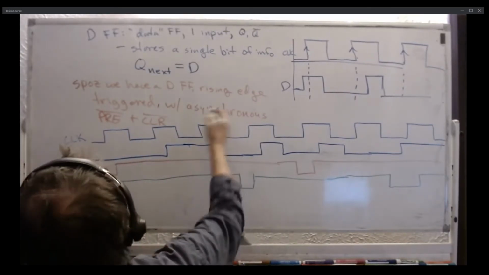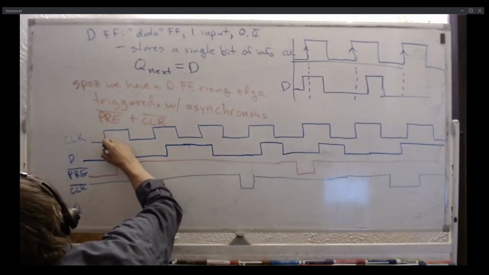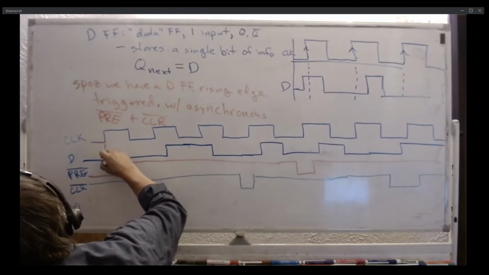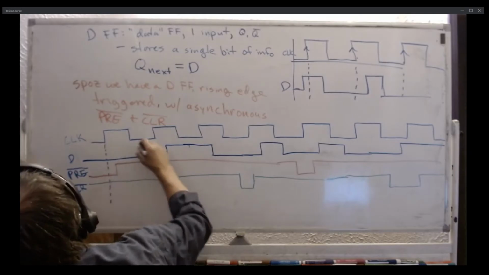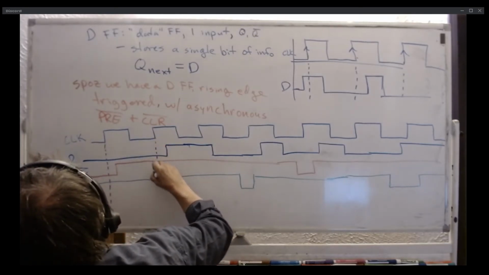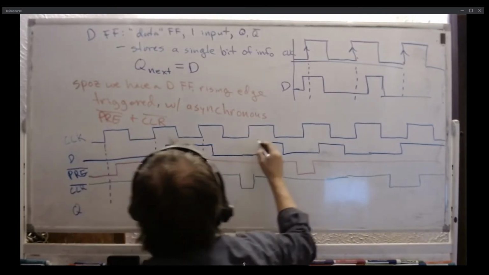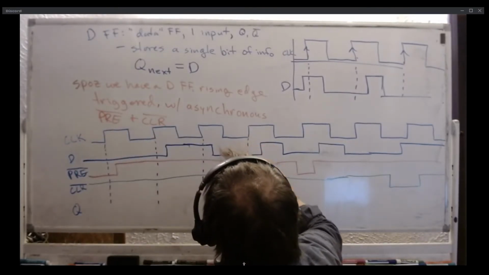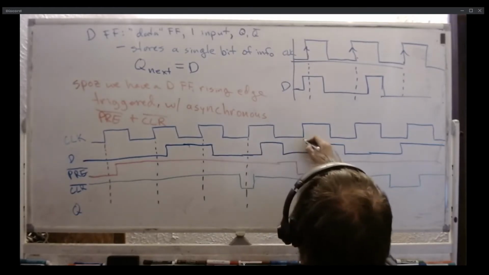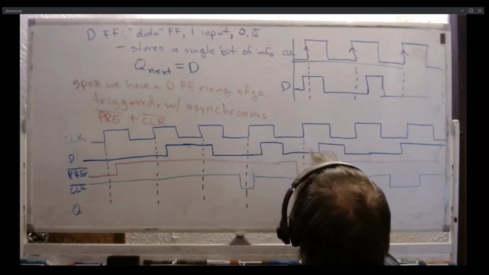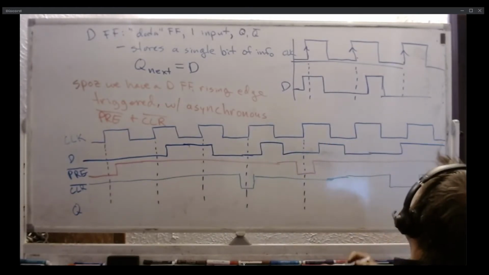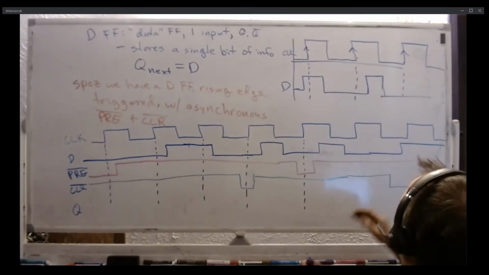If it's rising edge triggered, we know that if anything's going to happen with regards to the clock, it's going to happen on the rising edge, right? Right, guys? Help me out. Come on. Yeah. All right.